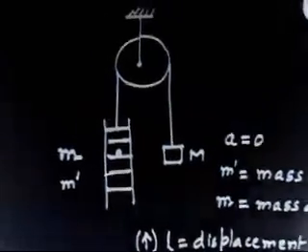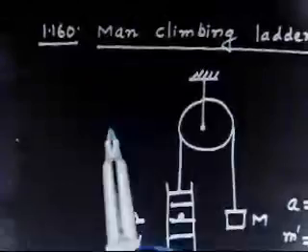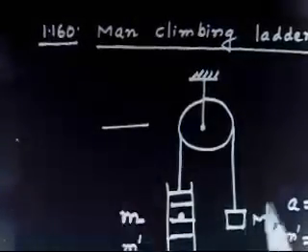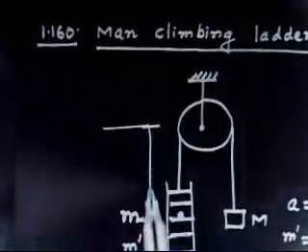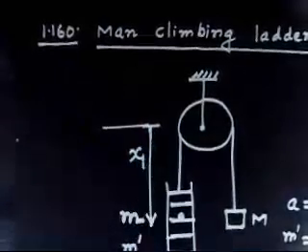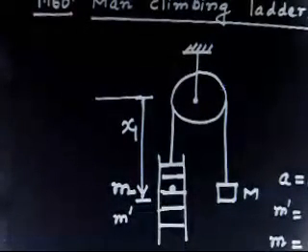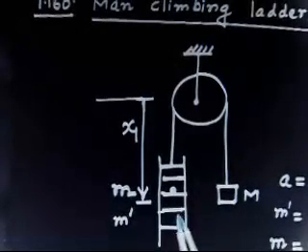So I can assume, let us say this is a distance from the pulley axis. Initially I will assume the distance from pulley axis is x1. So this is the x1 distance of center of mass of ladder plus man system.